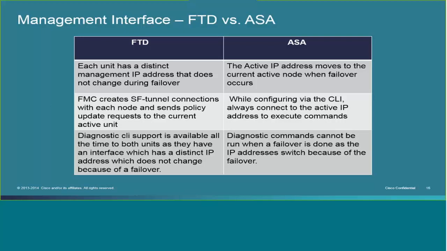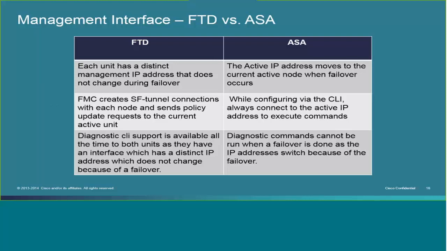This is a difference from the ASA, where even if you have a management interface, you need to have an active and a standby IP. On a failover, the IPs swap, so you have to reconnect the sessions to connect to the new active and the new standby. That is one thing which is different between FTD and ASA.